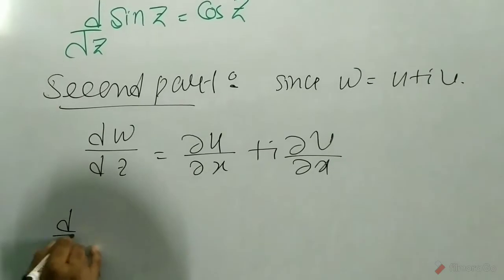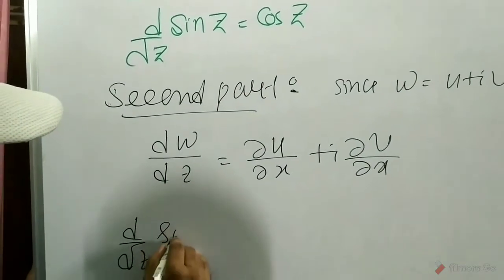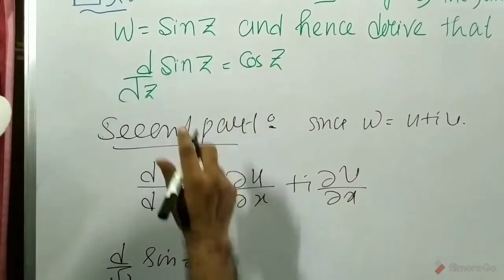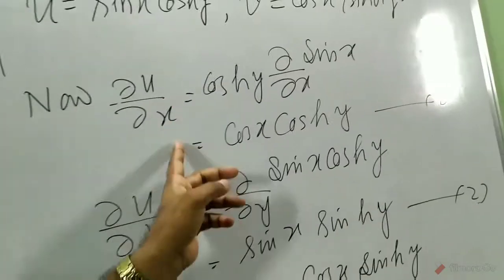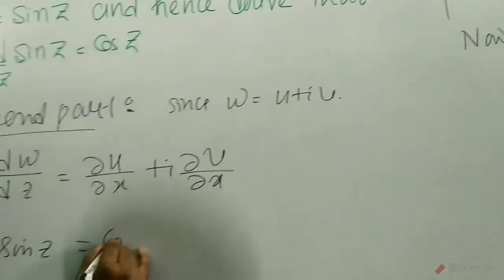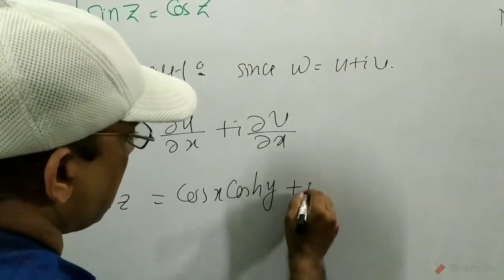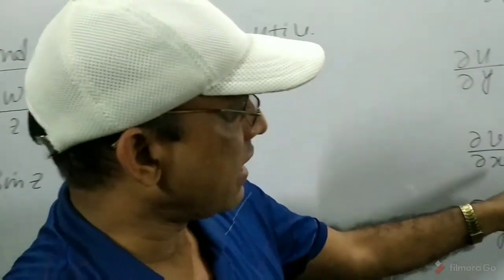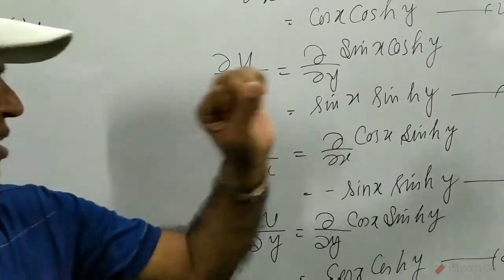Now w equal to sin z, and del u del x we know is cos x cos hyperbolic y, and del v del x we get minus sin x sin hyperbolic y.